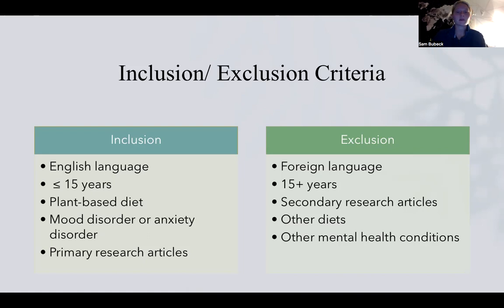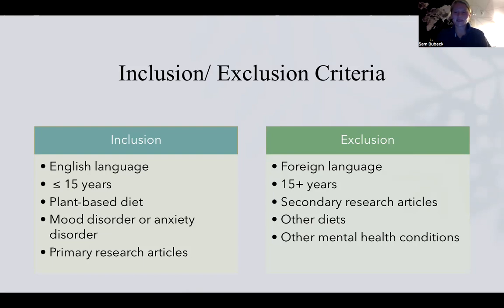As I mentioned, there were some that focused on mental health but did not focus on plant-based eating. They were maybe focusing on a Mediterranean diet. There was an article I excluded for that reason, or maybe it focused on any other diet.